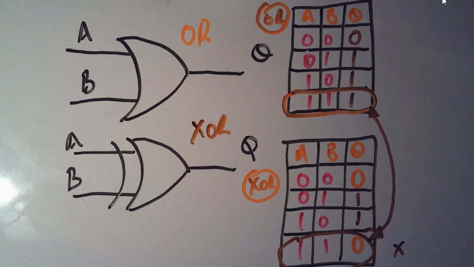Okay, so an exclusive OR focuses exclusively on when it's A or B and excludes the possibility of A and B being equal.